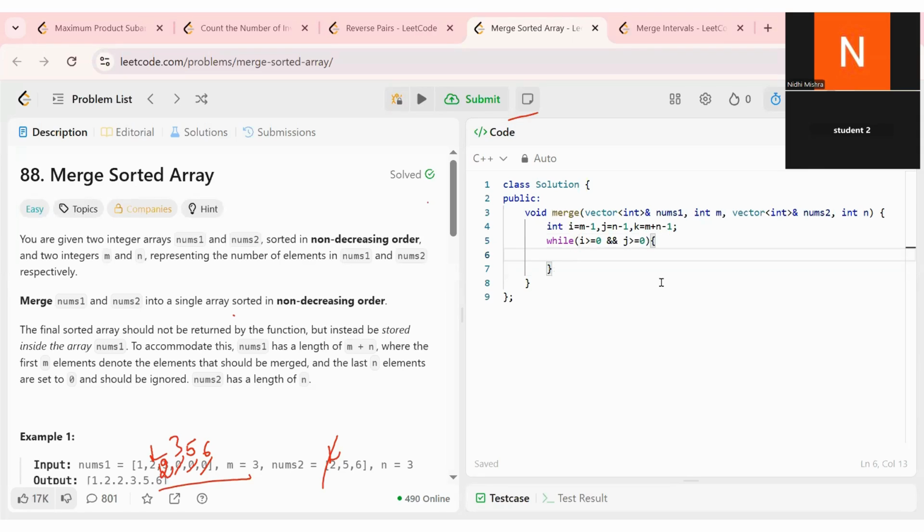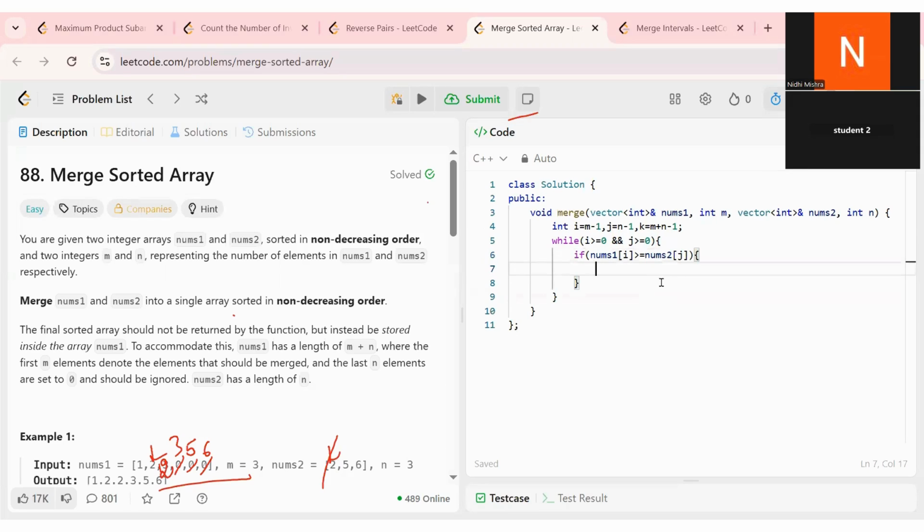Now, what should I write? If nums1 of i is greater than or equal to nums2 of j, then what I will do? nums1 of k is equal to nums1 of i.